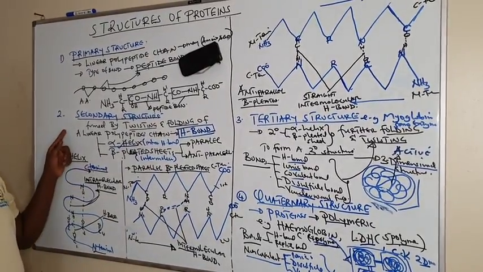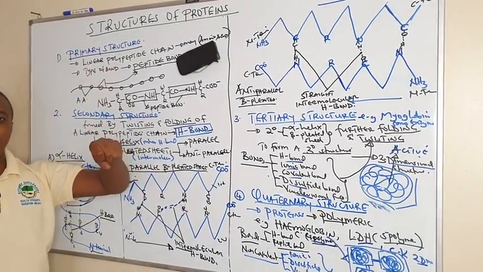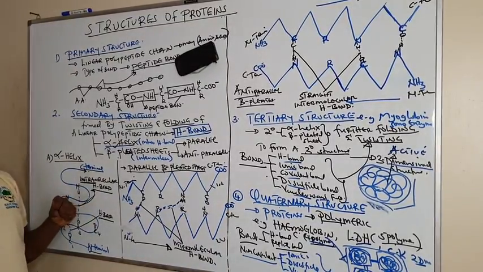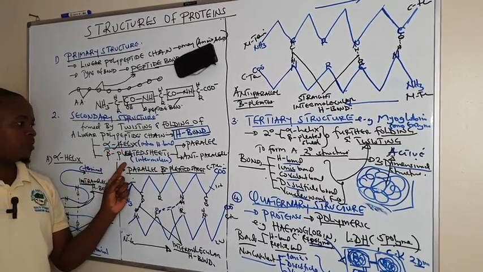Then we have seen secondary. If the primary folds further by hydrogen bonds, it forms what we call alpha helix and beta pleated sheets.